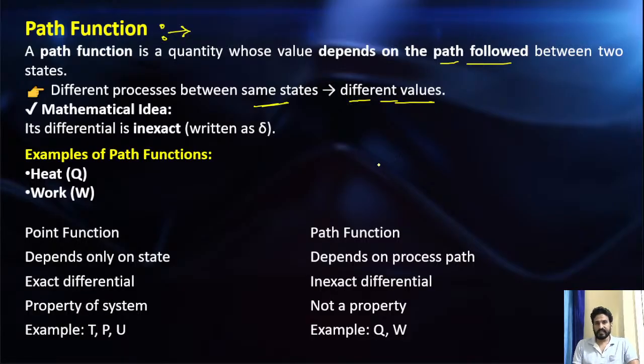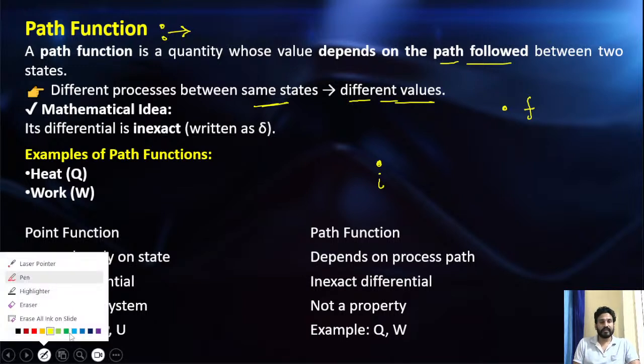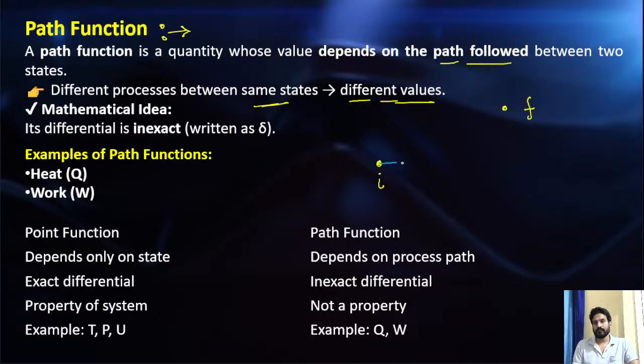Let's suppose this is my initial state and this is my final state, and I want to reach from initial to final. There may be a number of ways. Let's suppose I follow this path from this point to this point, or maybe this point to this point, or maybe from this to this. Is it clear to you?